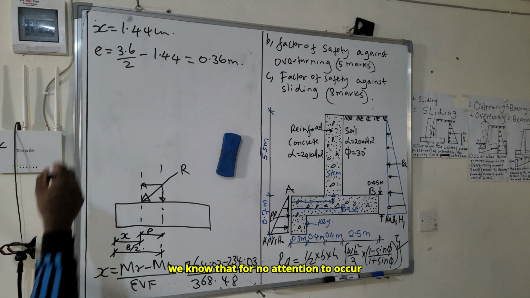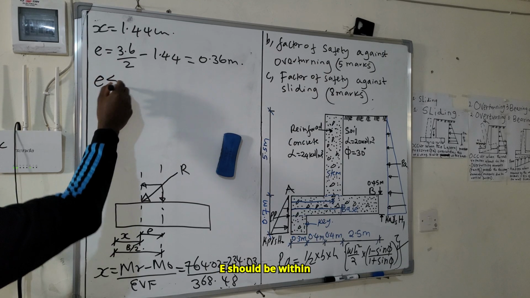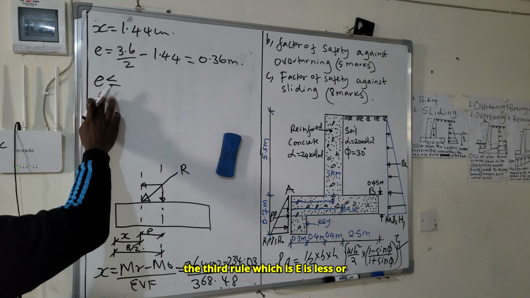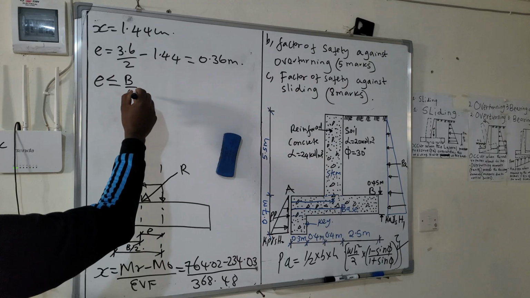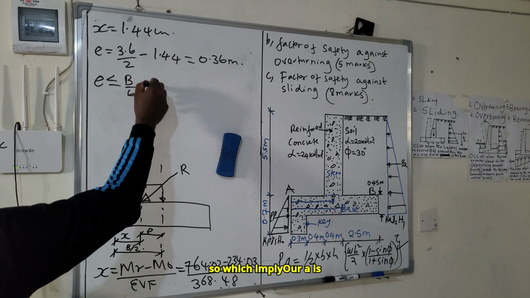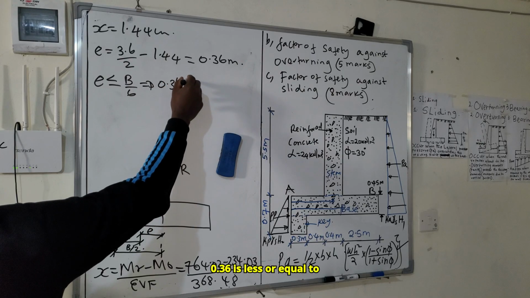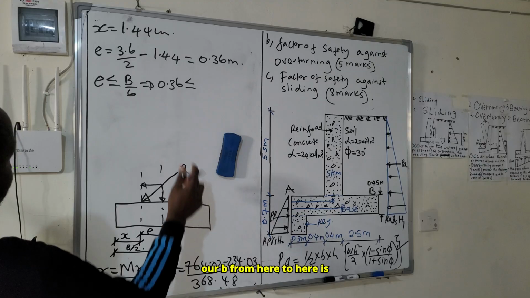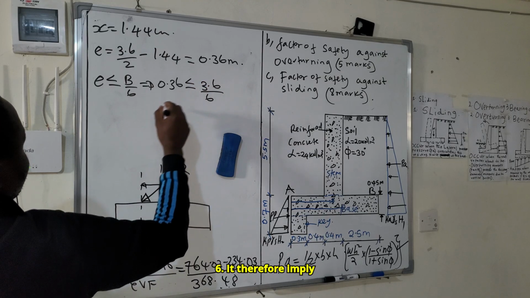And we know that for no tension to occur, E should be within the middle third rule, which is E is less than or equal to B over 6. So which implies our E, 0.36, is less than or equal to B, which is 3.6 over 6.